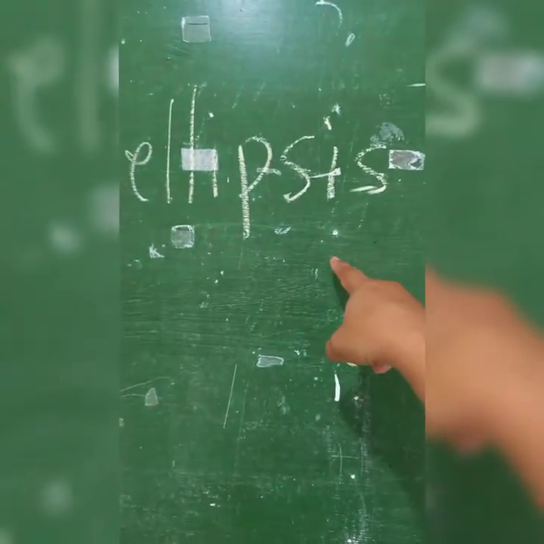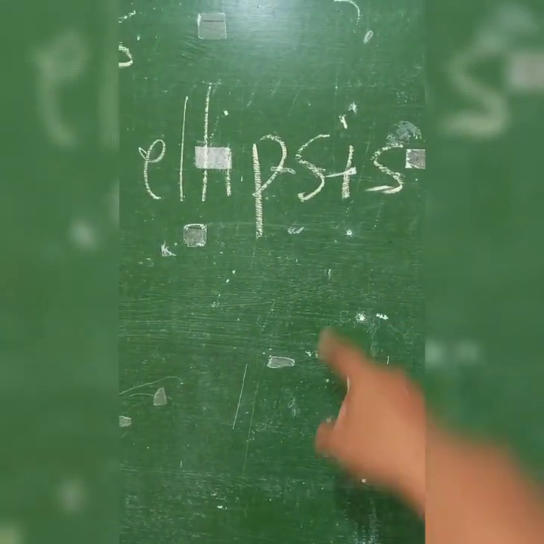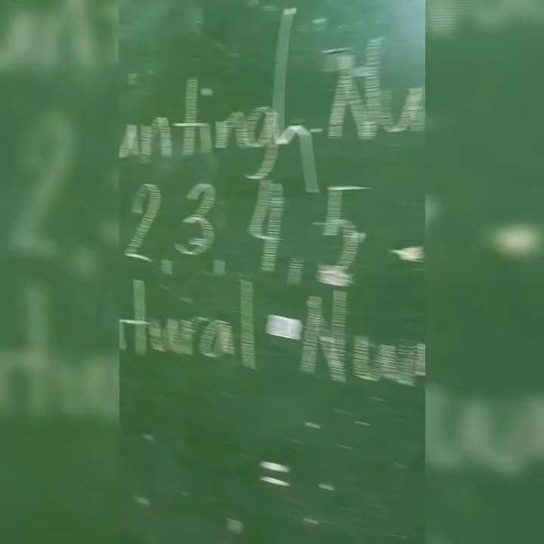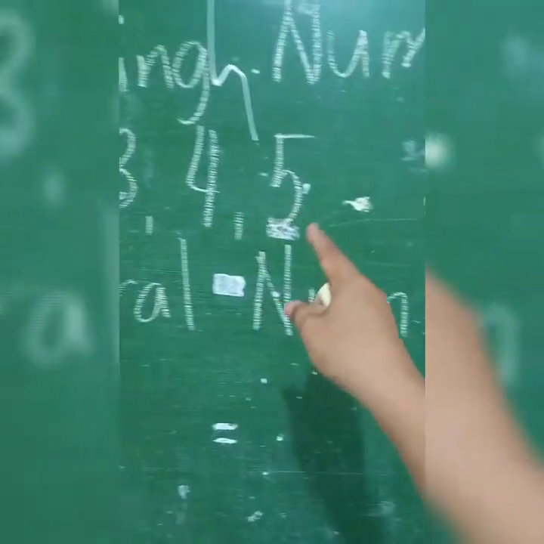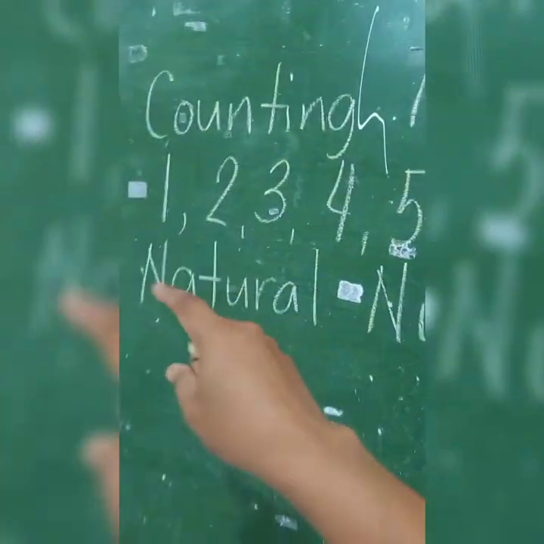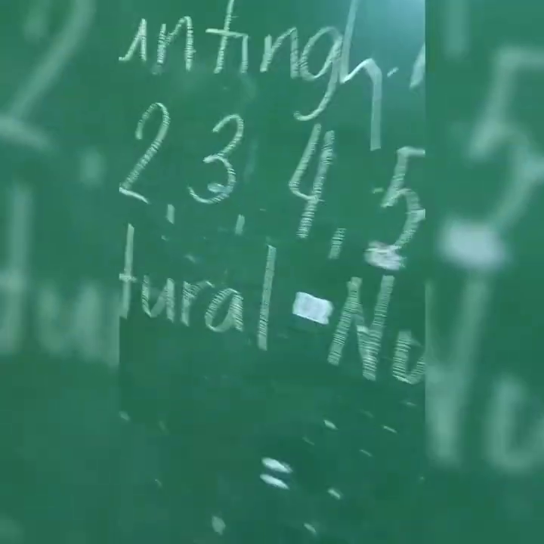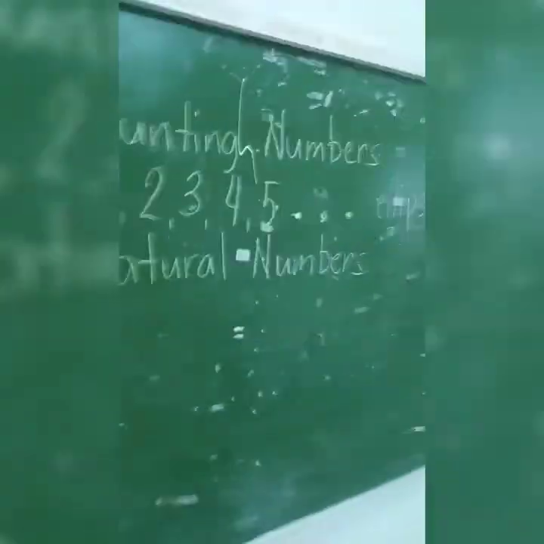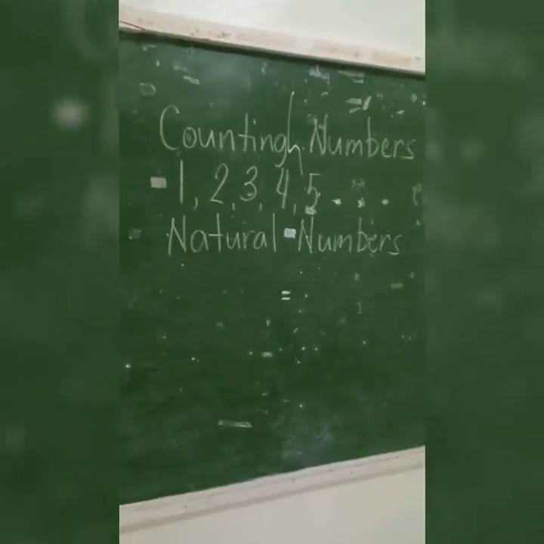Ellipsis is another term for saying "and so on." 1, 2, 3, 4, 5, and so on. So that is what we call counting numbers or natural numbers.